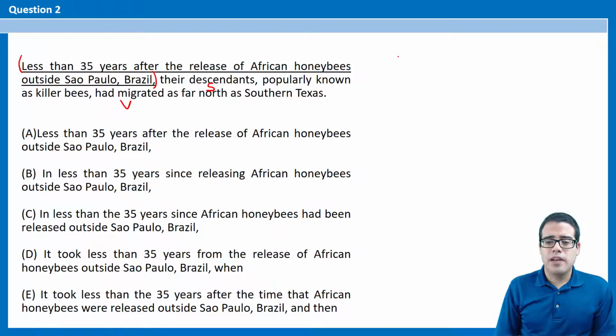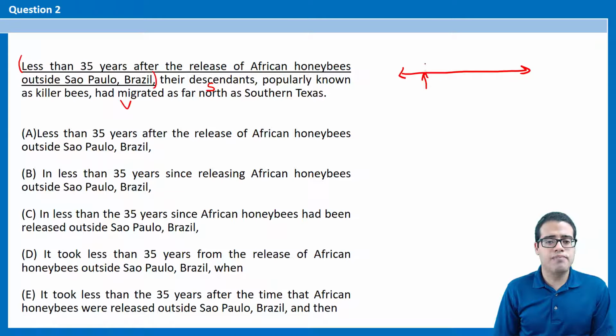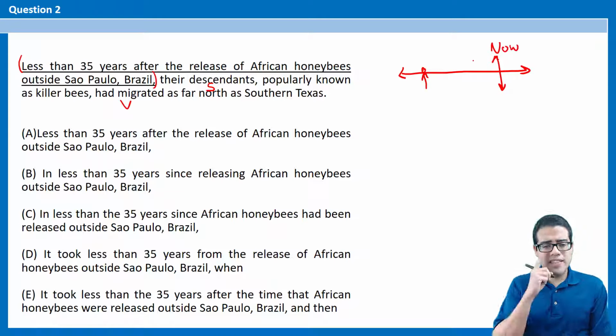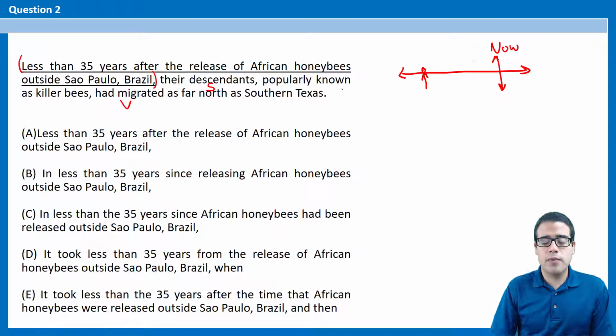And what is the meaning of that? So let's do a timeline, and let's say that these honeybees were released right here. Okay, so the release occurred in this period. Let's say that this is now, this is the present. And it says that less than 35 years after their release.